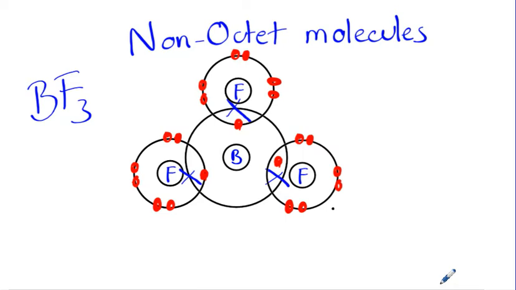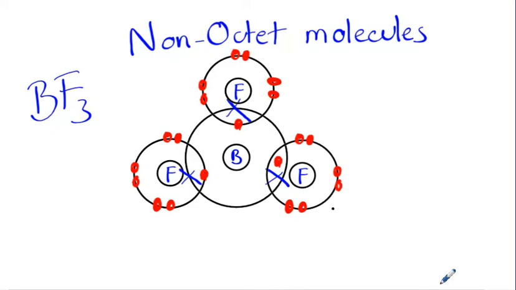Boron is in group 3, so it has 3 electrons in its outer shell, as you can see with the blue crosses representing the boron electrons. Each of those electrons is shared with a fluorine atom. So you can see that the fluorine atoms now have 8 electrons in their outer shell, but boron only has 6 electrons in the outer shell.